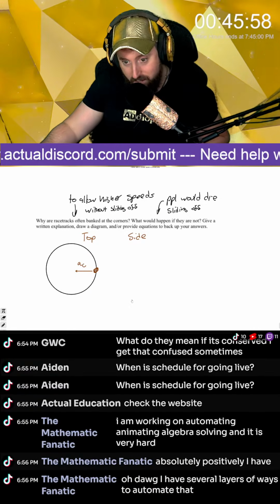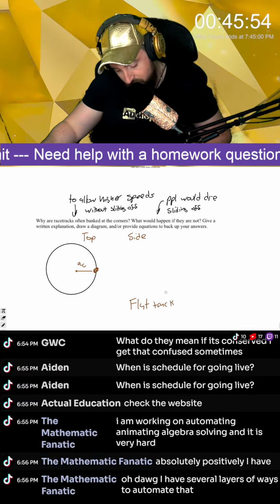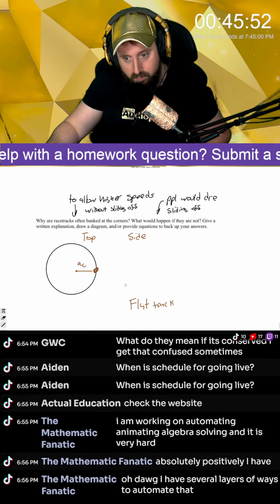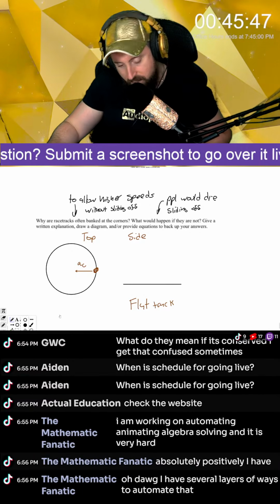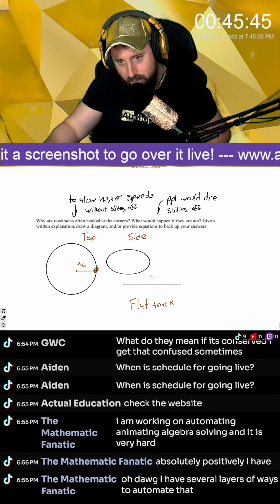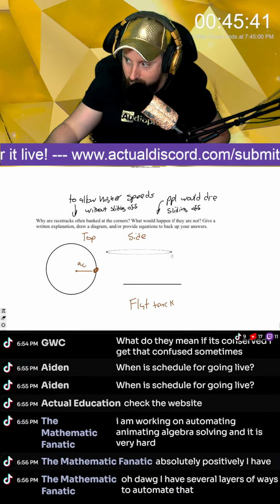Let's say, for instance, that you're on a flat track. I always like to try to describe what I mean by side view. This is the top, and what we're doing is looking at it this way.